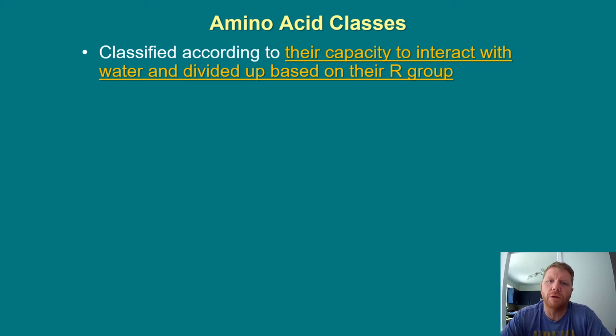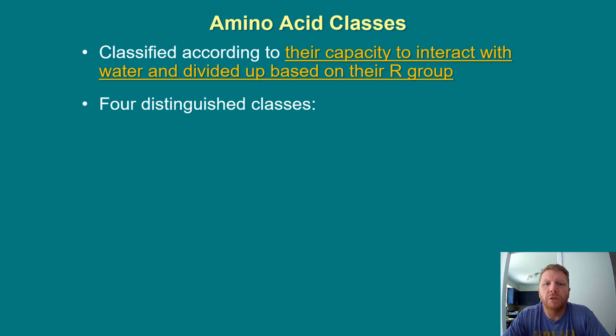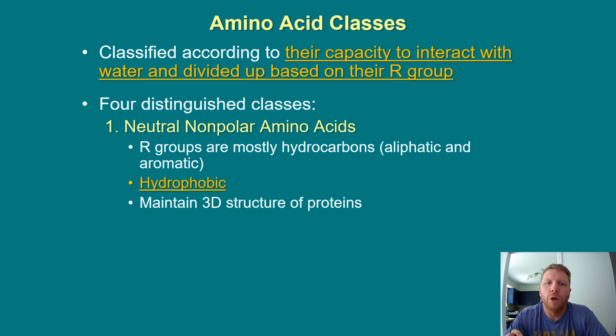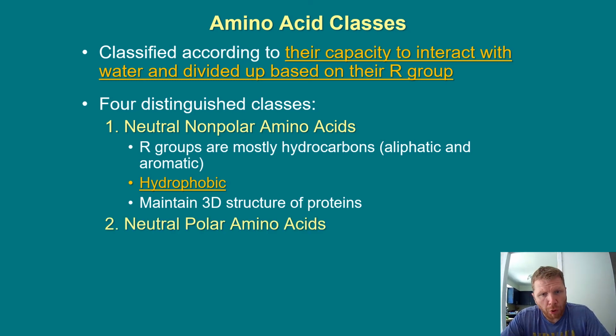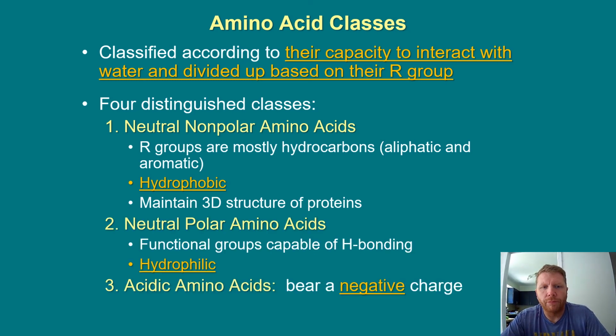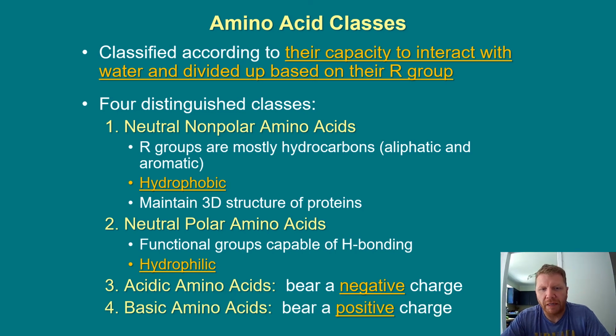There's tons of different ways that you can learn them, but the most well-accepted classification is based on their interactions with water. So those four distinguished classes are neutral nonpolar amino acids, neutral polar amino acids, acidic, and basic.